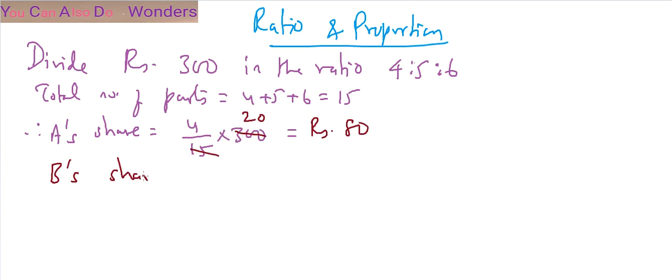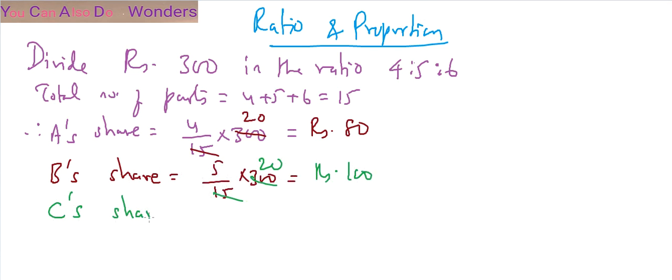B's share will be, B will get 5 parts. So 5 out of 15, into 300. So again, rupees 100.